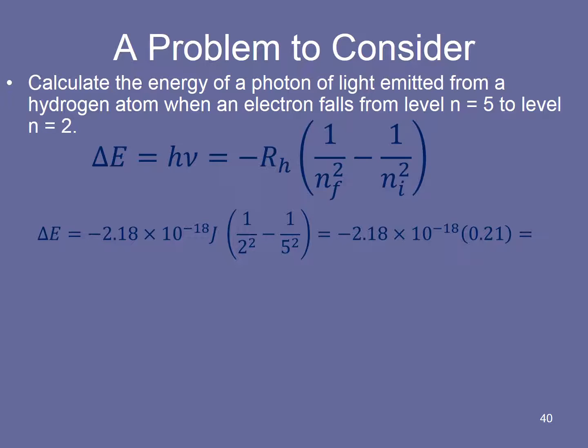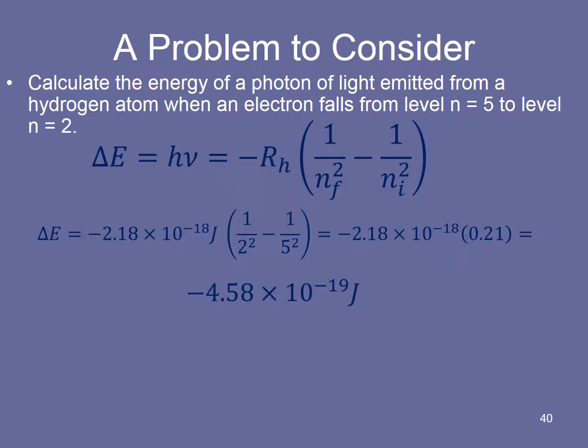So just take 1 over 2 squared, which is 1 over 4, 0.25, and then subtract 1 over 25, and you'll get 0.21. Then take that and multiply it by negative R_H, which is the constant, and we'll get negative 4.58 times 10 to the minus 19th joules.